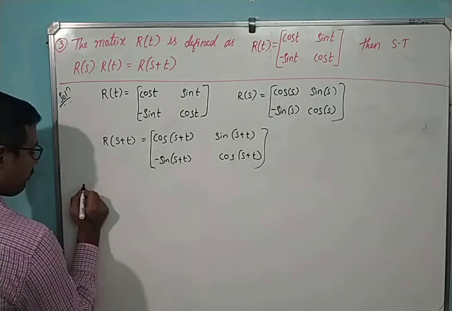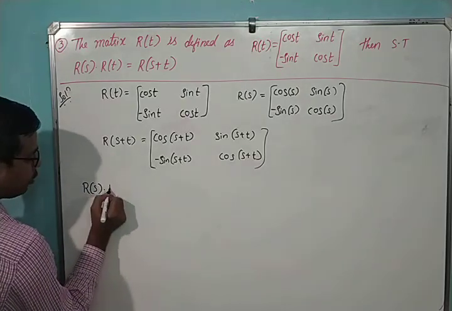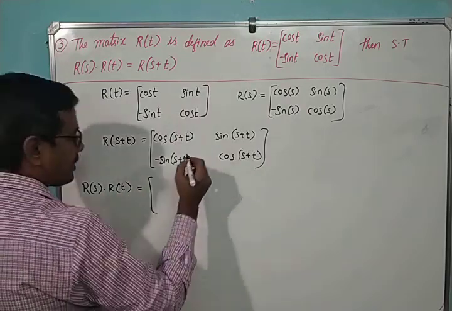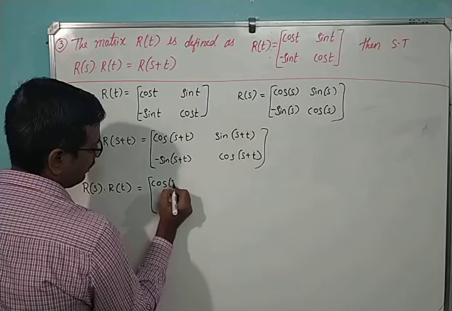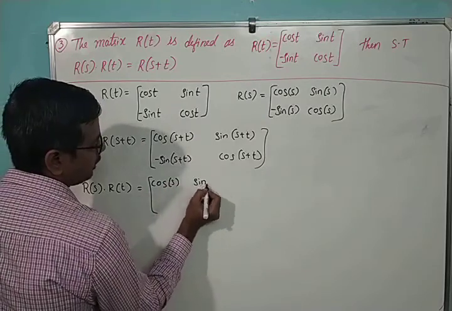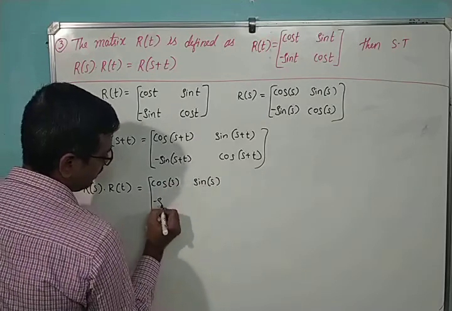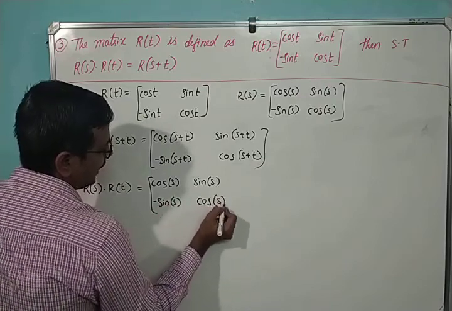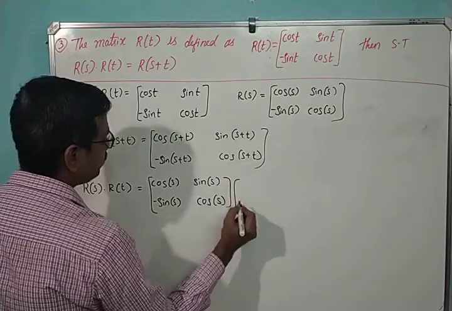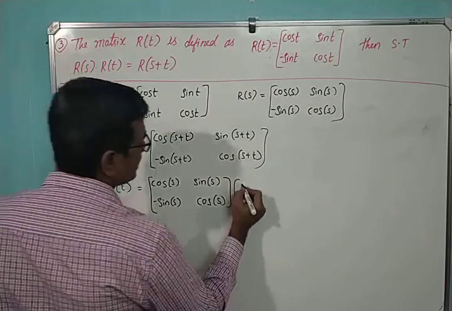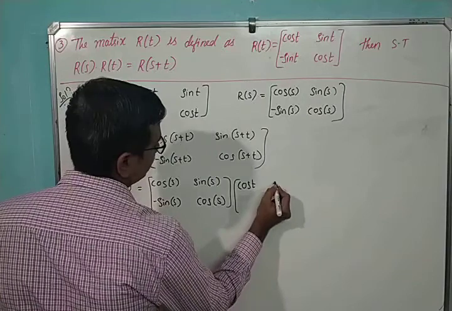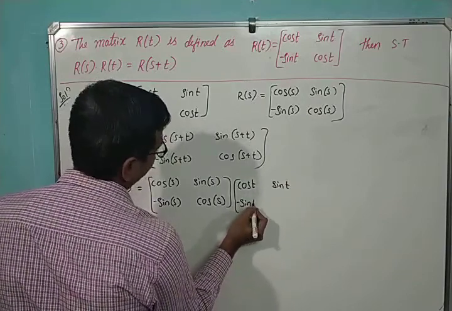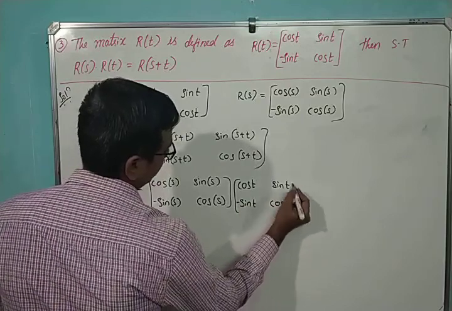So now what will be R of s into R of t? R of s is cos of s, sine of s, minus sine of s, cos of s, into R of t. R of t is given by cos t, sine t, minus sine t, cos t.